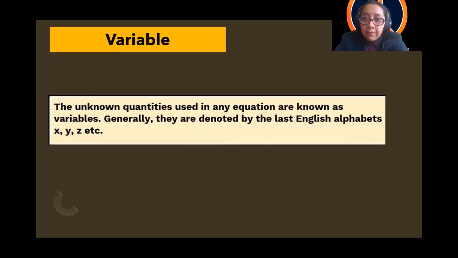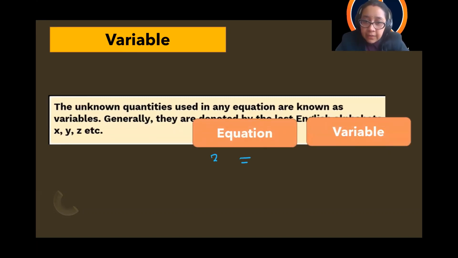Okay. Now let's see again with an example. If this is an equation 3x equal to 9, then the variable is x. Similarly, if we write 9x square plus 3 equal to 0, then also the variable is x, isn't it? So the unknown quantity which varies, which changes, is called variable.